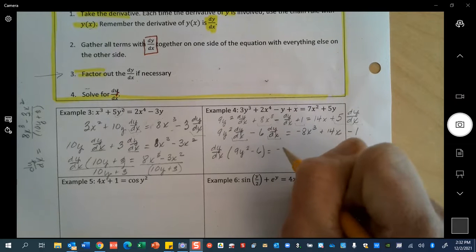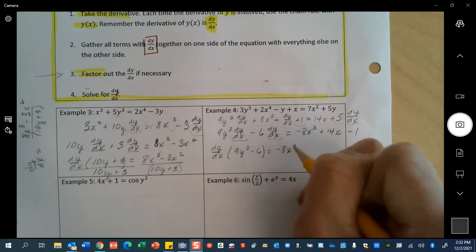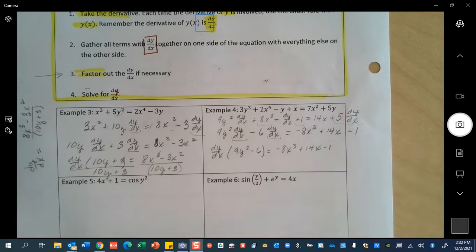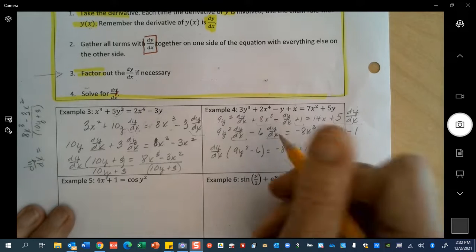And you're going to find a pattern of doing things that happens every time. If you've got dy/dx's and different powers of your variable, I've got y squared and I've just got 6y's, so I'm always going to end up factoring him out. Always. And then if I factor him out, I'm going to have to then divide.